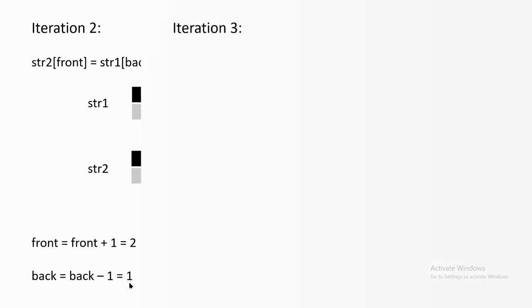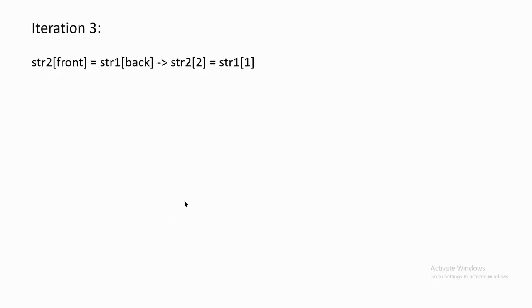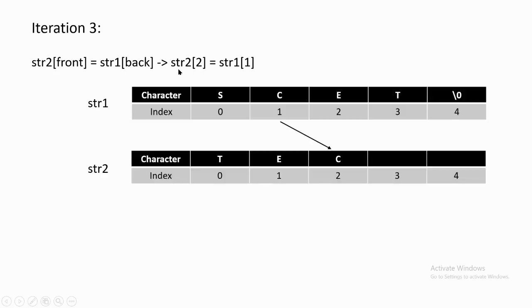Now in iteration 3, the first step is copying the character at index 1 of string1 into position 2 in string2. At index 1 we have the character c in string1 that is copied to the second position of string2. Again the front pointer gets incremented to 3 and the back pointer becomes 0 after decrementing.